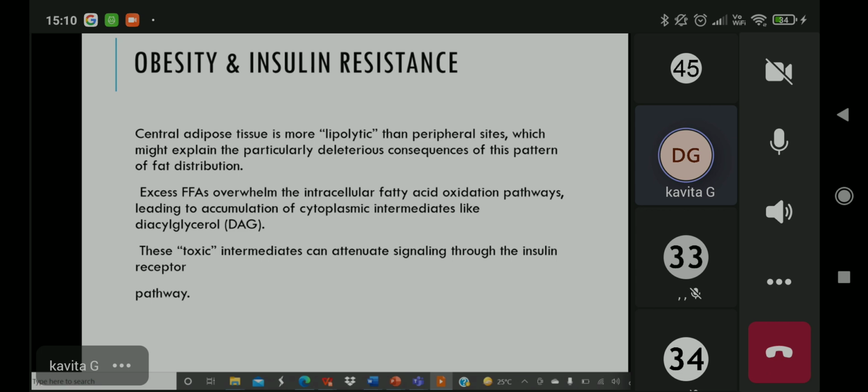So if you have belly fat, scientists have figured out that the adipocytes in abdominal fat have a tendency of being more susceptible to destruction and weakening of their membranes, releasing more free fatty acids into the bloodstream. These are unlike the adipocytes present, say, at my shoulder or somewhere in the periphery. Their tendency of releasing free fatty acids is less as compared to an abdominal fat adipocyte. I hope that's clear.